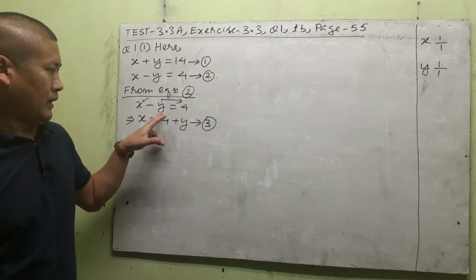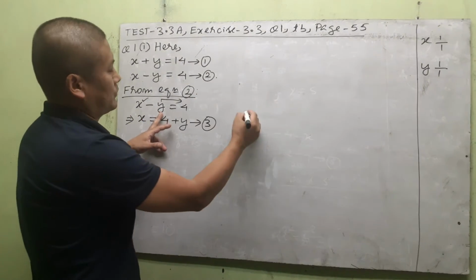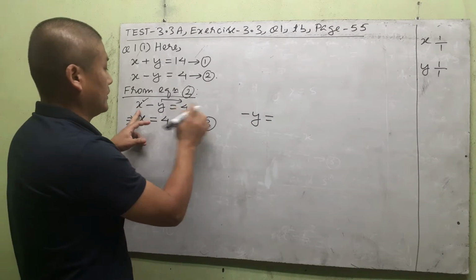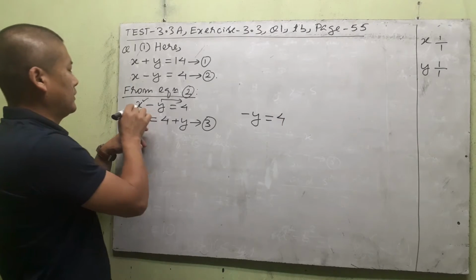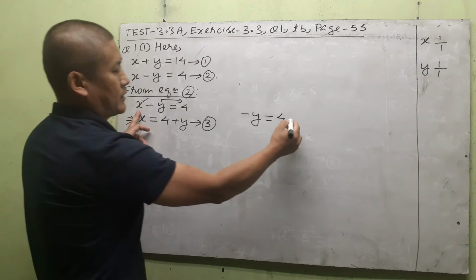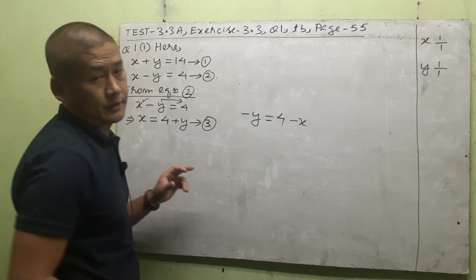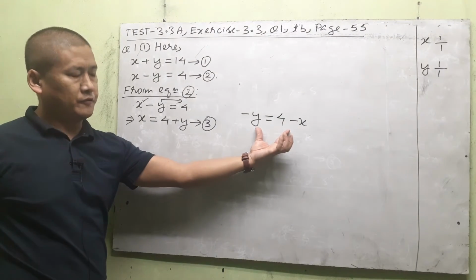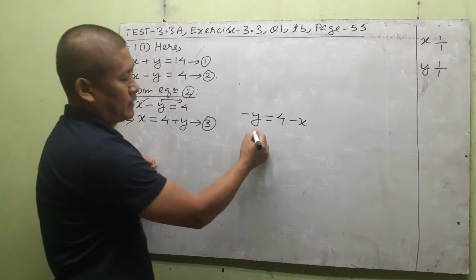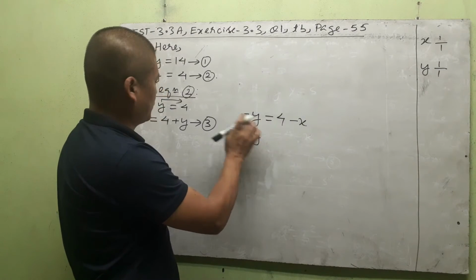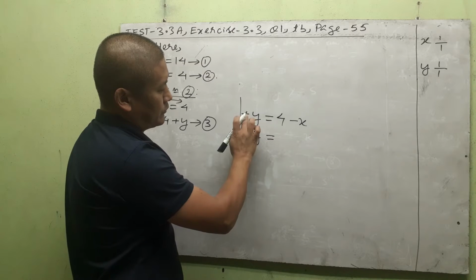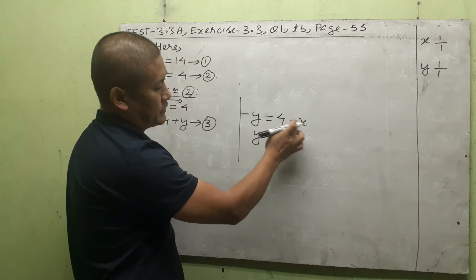Now another person may choose y from 2. That's fine. You can choose that also. In such a case, then this 4, no sign in front, so plus 4, x shifts to the right side, then minus x. Since you're going to want to express in terms of y and not minus y, you change this to y. Every sign here will change.